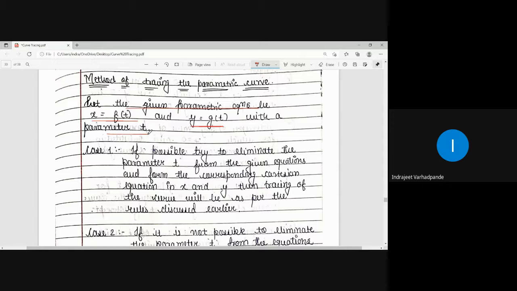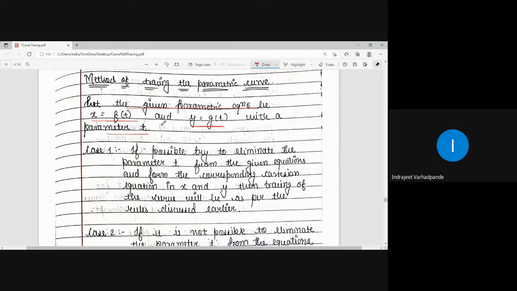Herein we will mostly find the parameter as t or theta. So x will be a function of theta or t, and y will be a function of theta or t. Appropriately we try to get the simplification. So our identification of the curve is that these are referred to as parametric.